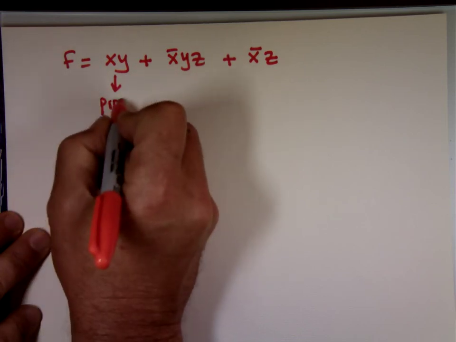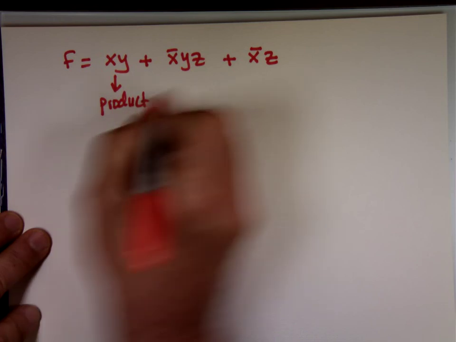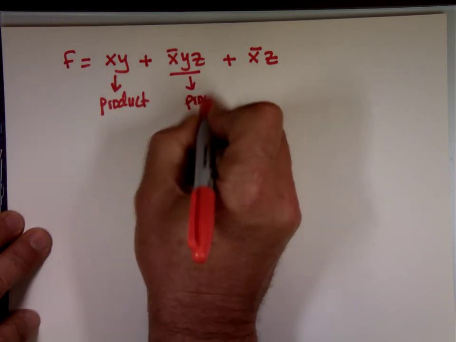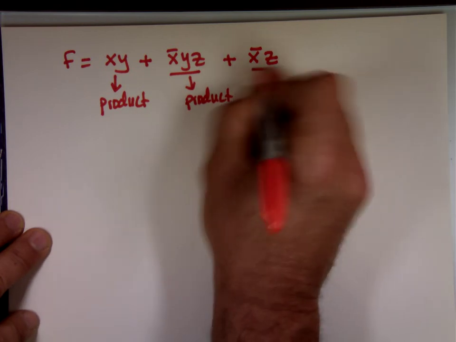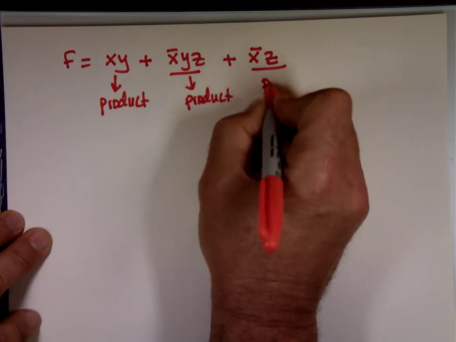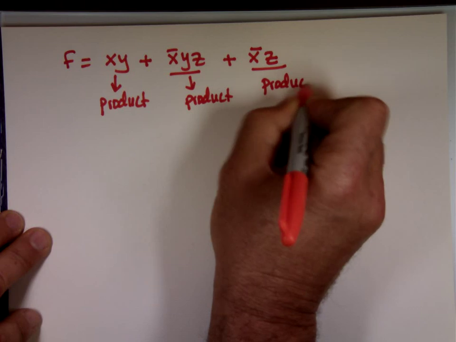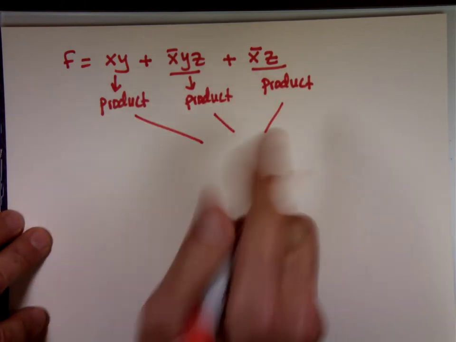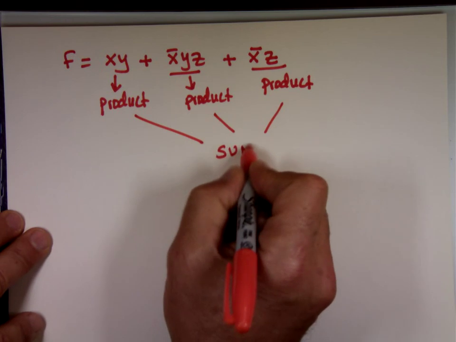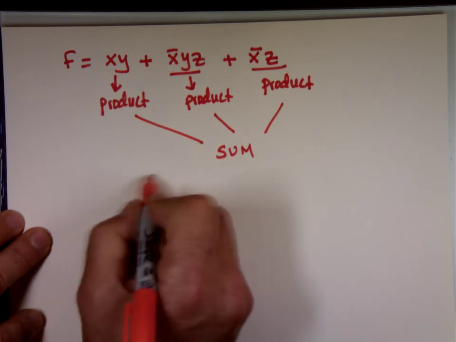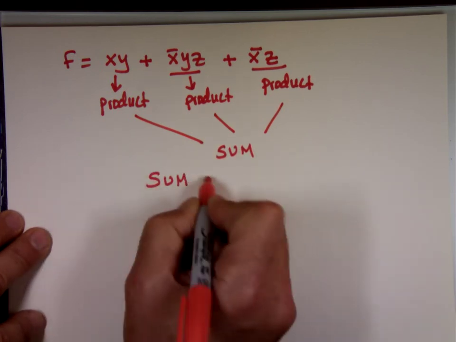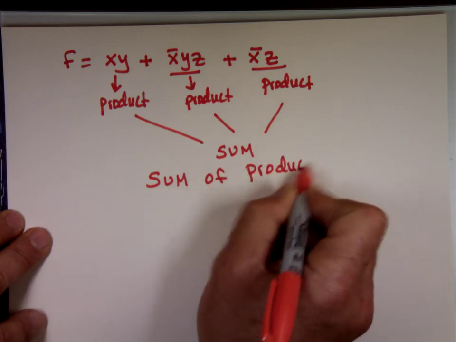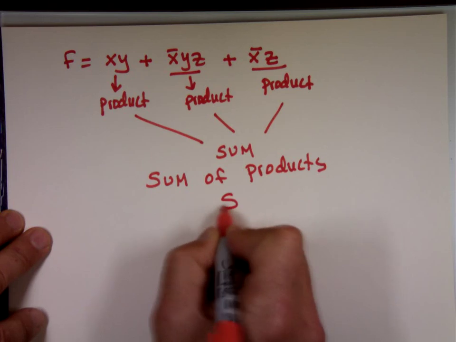Product, right? That's an AND gate. What's this term here? Product. And this is product. And at the end, what do you want to do with these? You're going to sum them. This is called sum of product, SOP.